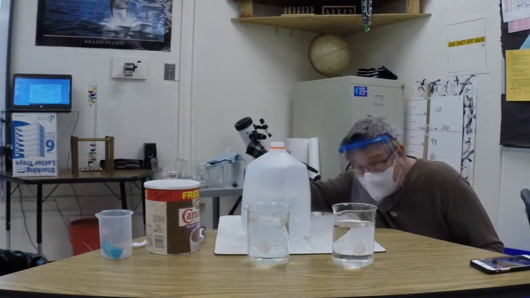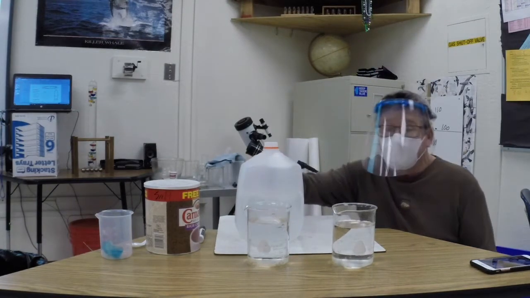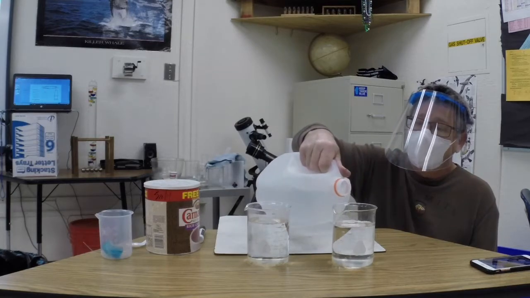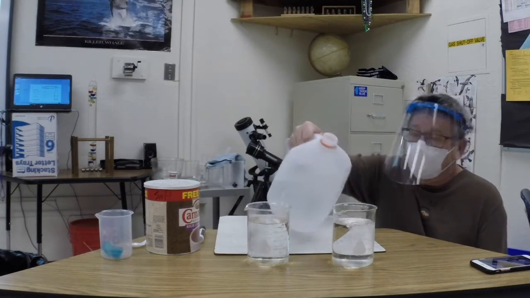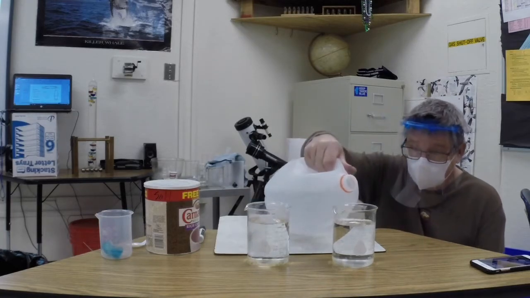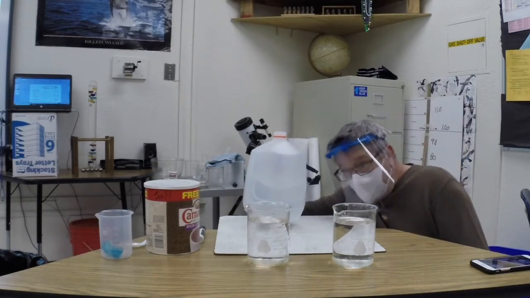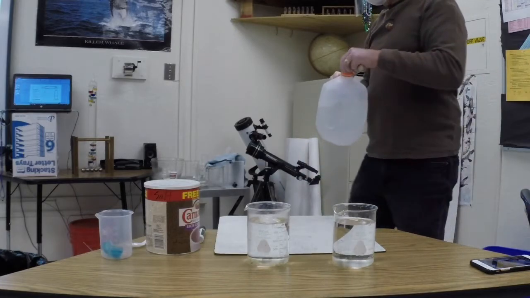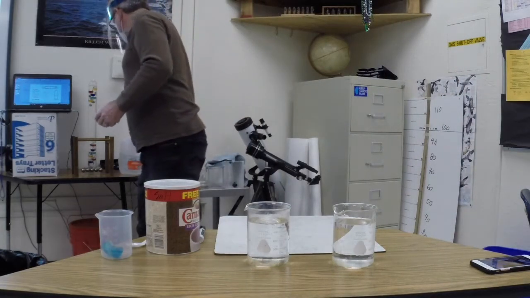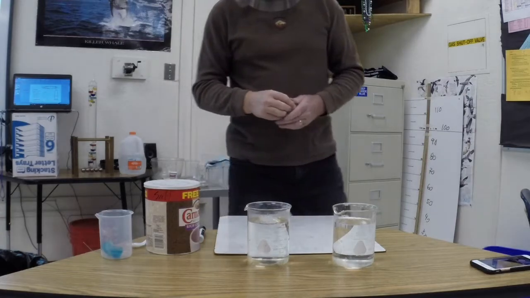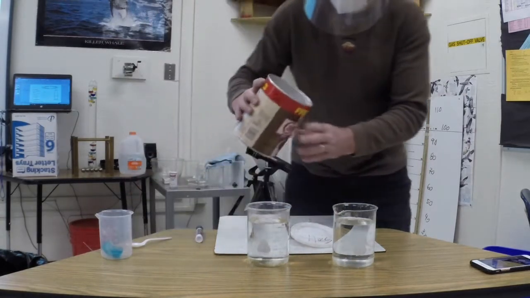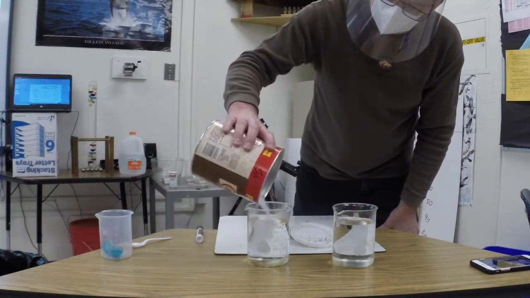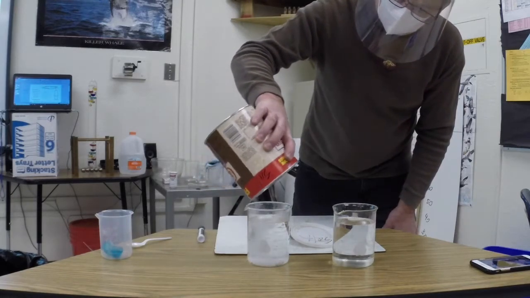And you guys are going to, I didn't mention it, but you're going to need some colored pencils. And then for this one, I'm going to put a bunch of salt in there. And the other one, I'm going to leave it alone.